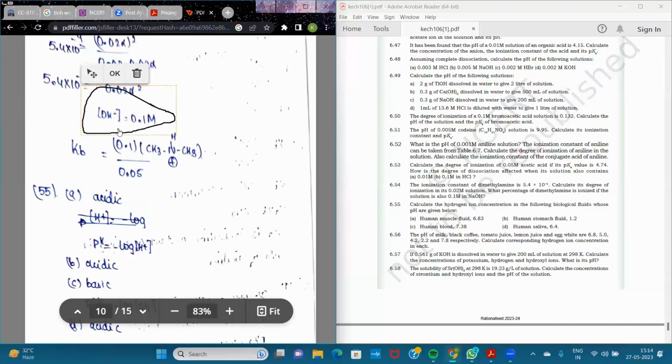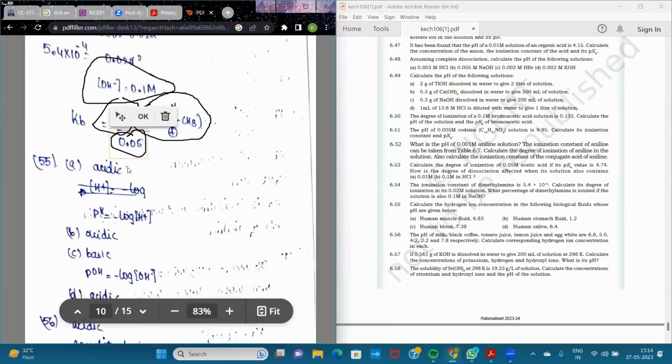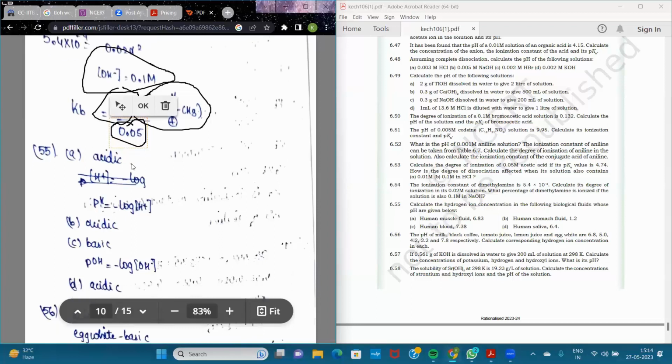So we can directly write it as 0.1 into concentration of conjugate acid by concentration of dimethylamine at equilibrium, that is 0.05 minus 0.05 alpha. Alpha is neglected here, so we can directly write the Kb expression as written here. From this, we can calculate the percentage of dimethylamine ionized.